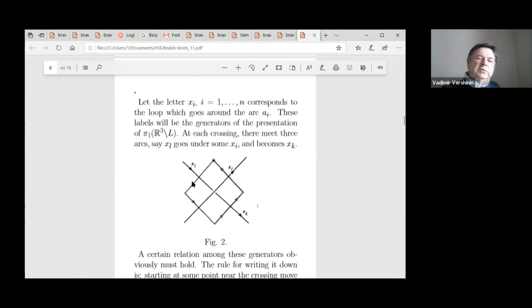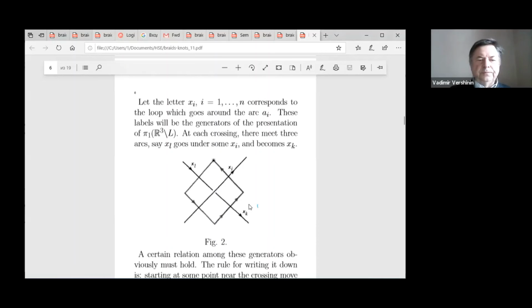Suppose that you do not meet this crossing, it happens somewhere over there. It is all under, and this loop which came to this point goes by this rectangle, which is completely under the knot. It is under here, under here, under here, and under here. So it is like in a Reidemeister move, which is always under the picture. Then you can deform.